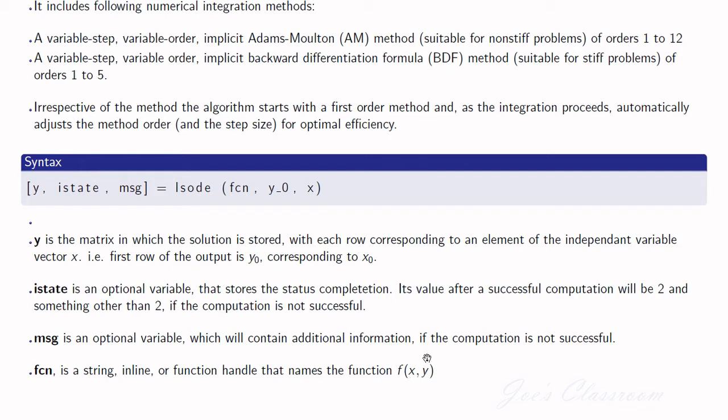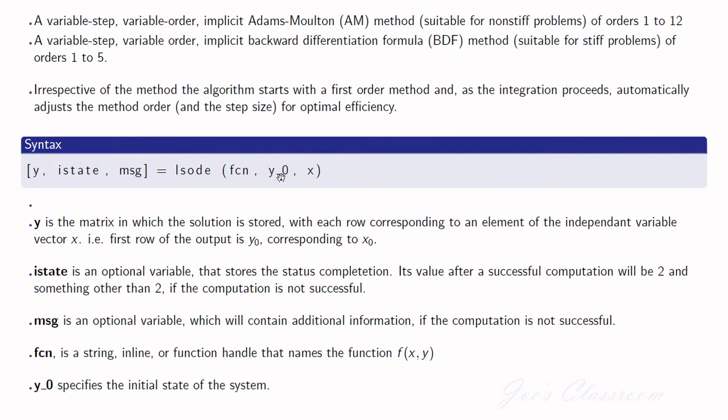So at every computation we need to compute this f of x comma y, and therefore we need a function to compute it. In the place of FCN, we will be giving the name of the function which is going to calculate f of x comma y. So it will be in the form of a string, usually given within double quotes.